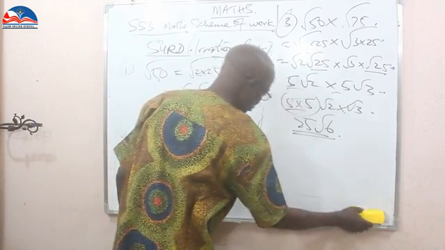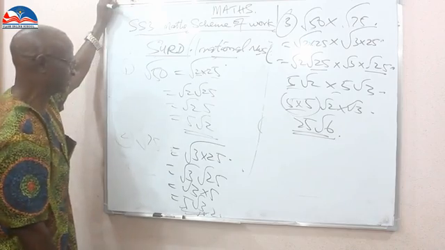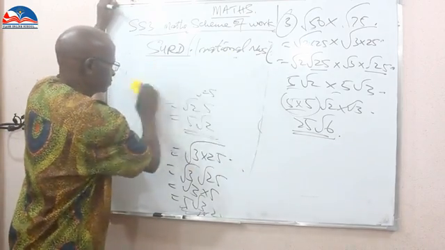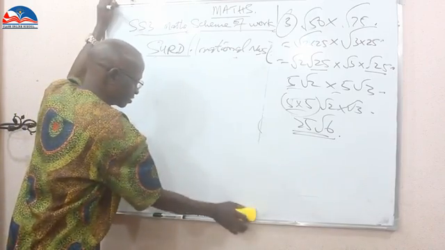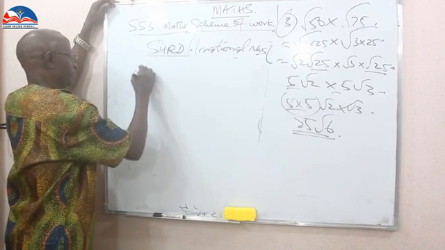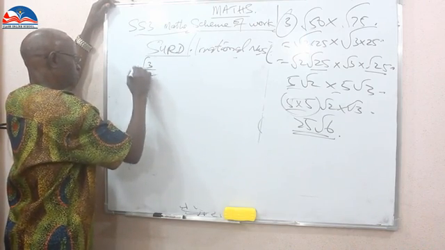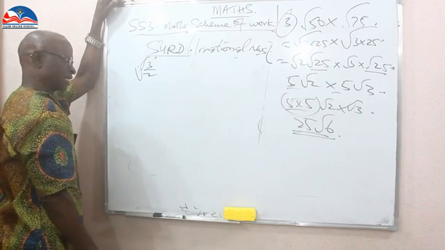Now, where we are going to spend most of the time is on how you rationalize some numbers. If I give you root 3 over 2, how do you rationalize this?